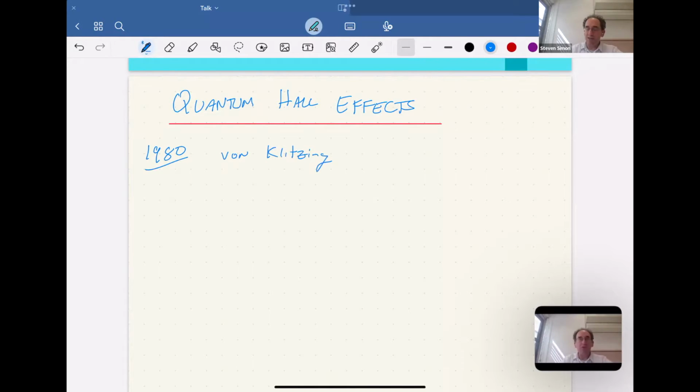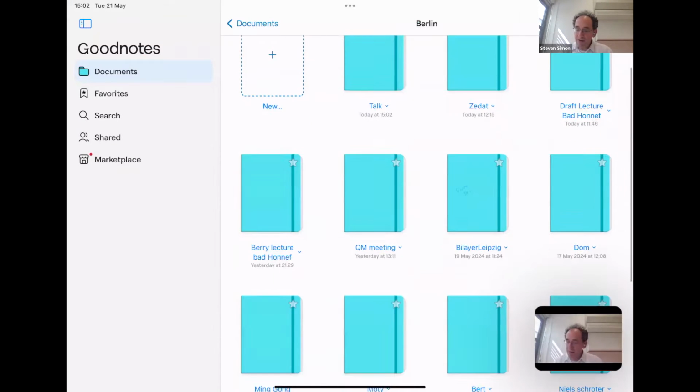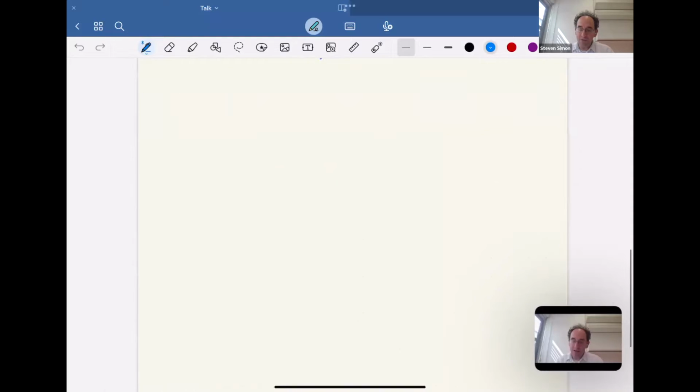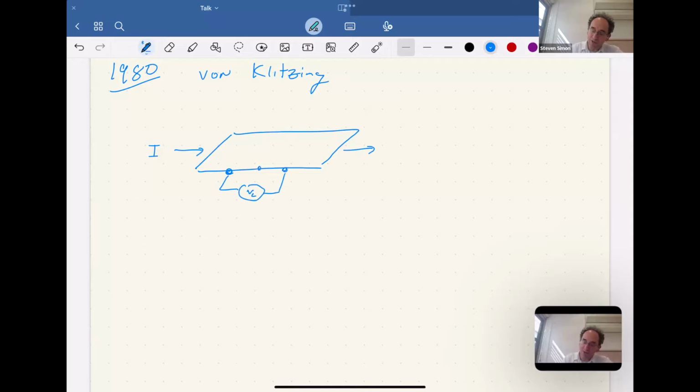He was measuring a two-dimensional electron system, and you run a current through it like this, and you can measure two different voltages: the so-called longitudinal voltage like this, and the Hall voltage like this, V Hall, VH.